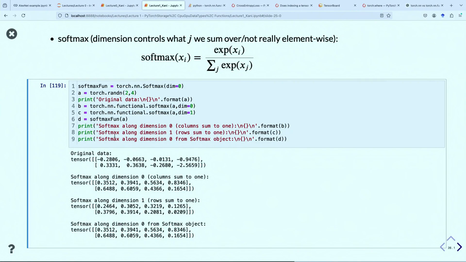So for instance, we could do a softmax along dimension 0. We have quote unquote activations of negative 0.2806 and 0.333, and we could use softmax to normalize it and say, okay, this value is more probable than this value, and so on.